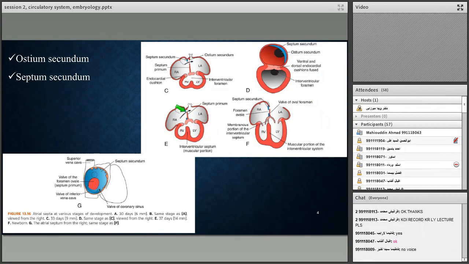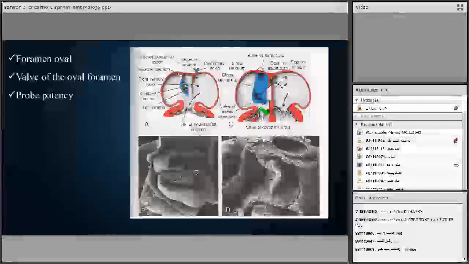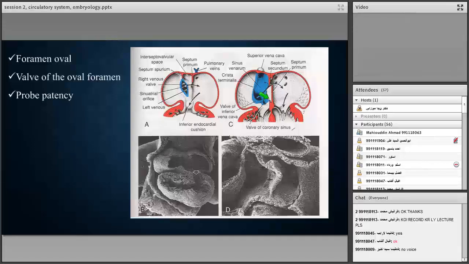This is the septum secundum, which is going downward and receiving septum spurium and left venous valve. The opening which remains in this part is called foramen ovale. Here also we can see the foramen ovale, an oval shaped foramen or opening.